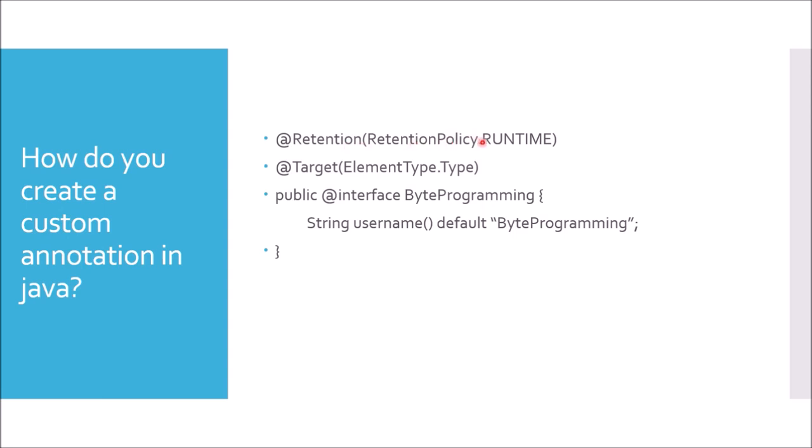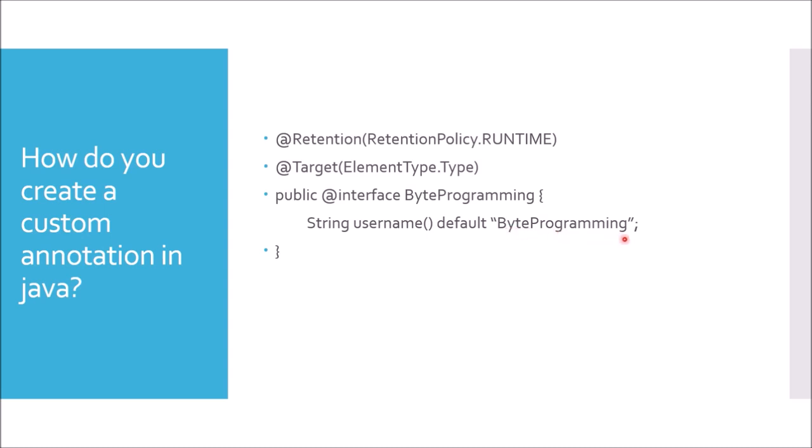In @Retention, I am passing RUNTIME, so this annotation is going to be valid at runtime only. Now inside this ByteProgramming annotation, I have a username method whose default value is going to be byteprogram, meaning if I'm not passing any value inside @ByteProgramming, then the default value taken will be byteprogramming.